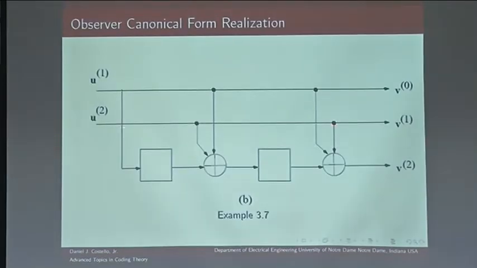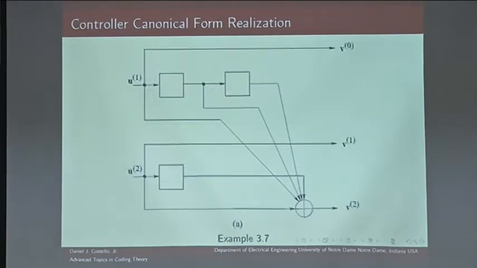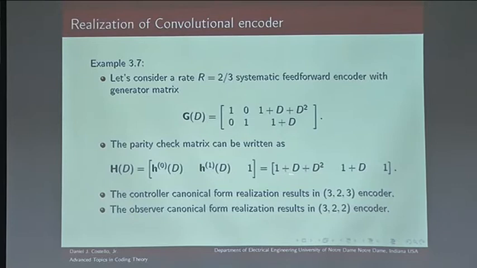So there's no connection here. So here's the 1 plus d from the U2 input, and here's the 1 plus d squared from the input sequence 1. So this is the 1 plus d squared from input sequence 1 and the 1 plus d from input sequence 2.